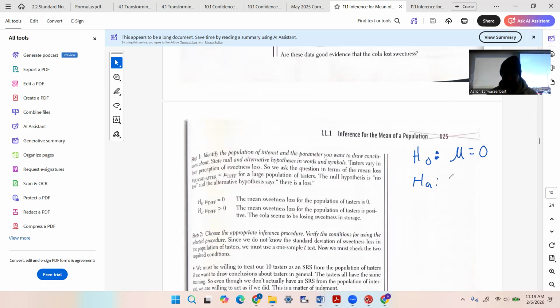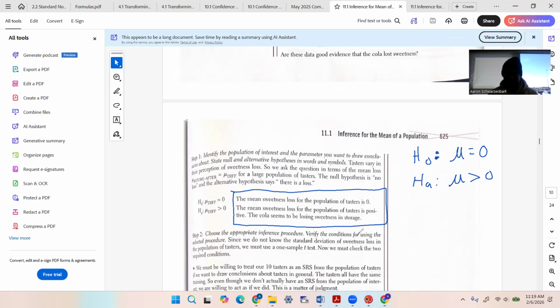Always assume the no change case. H a: mu is greater than 0. This cola did lose sweetness when it was stored. Notice that when they gave this, they wrote out these things. You probably don't have to, but if you want to give a good conclusion and get the conclusion points, this really helps. Okay, choose the inference procedure.